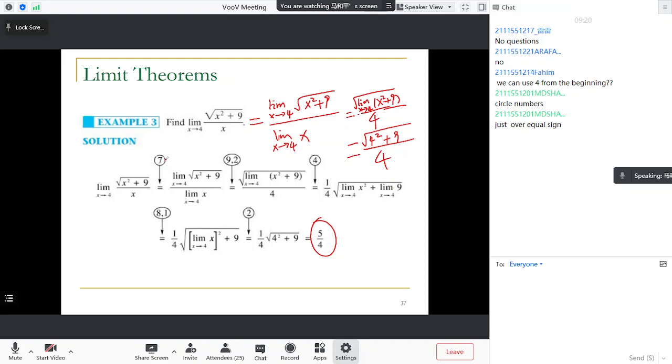In your homework and your examination, you just write equal, equal, equal. Okay?